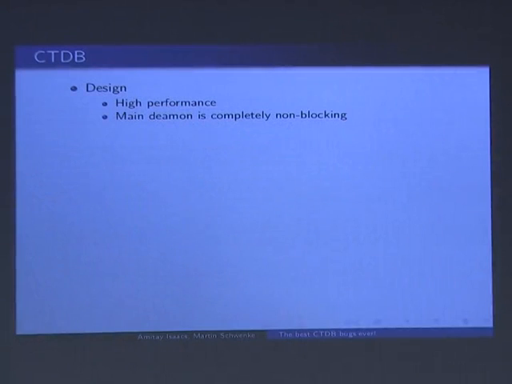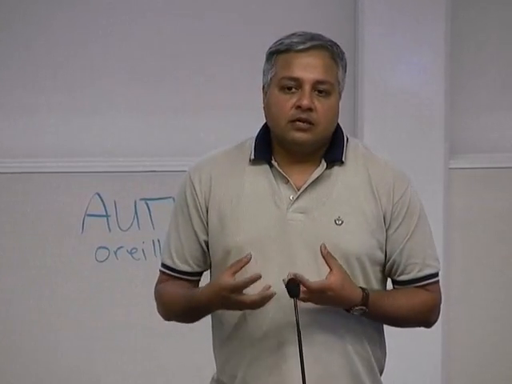Okay, so as I mentioned, CTDB was designed to be high performance. If you are using a single instance of Samba server, then it's very fast when it's trying to access the databases locally. Now we want to make sure that it can still do that in a clustered environment. So care has been taken to design protocols so that as far as possible, it tries to access local databases.